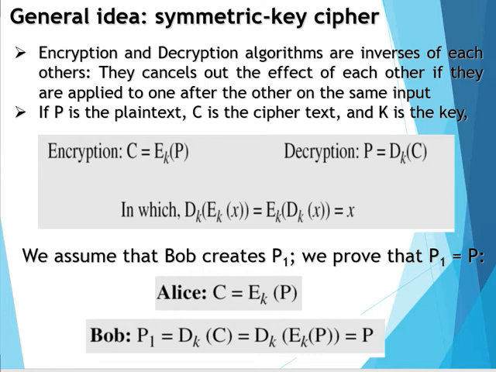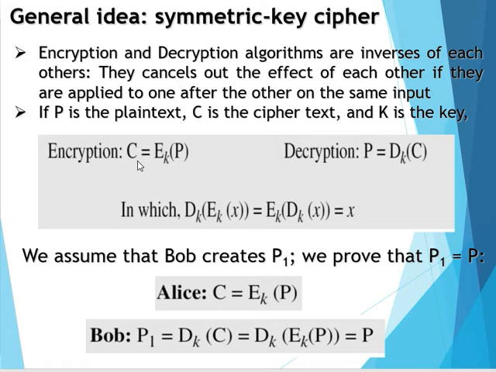We can see an example in this slide. It is clearly shown that on the encryption side we have encryption with key K of the plaintext. On the decryption side, as previously seen, we have decryption with key K of the ciphertext, which produces the plaintext.